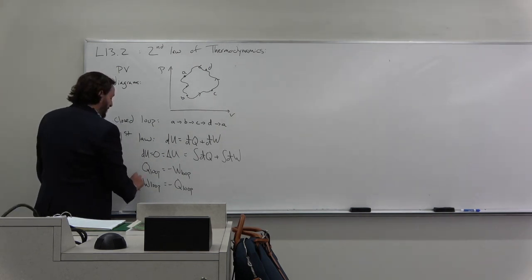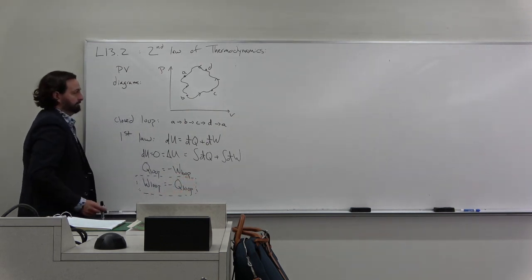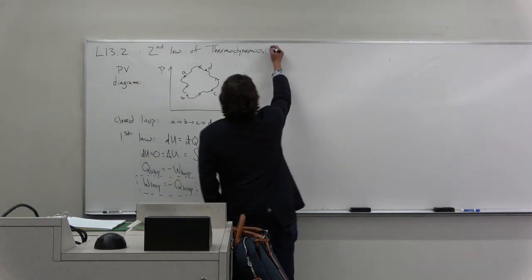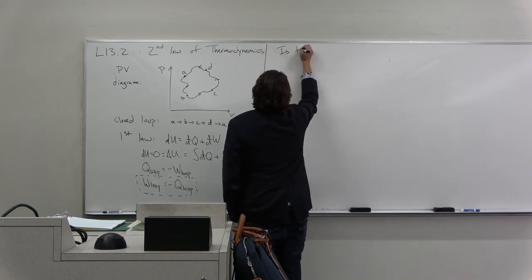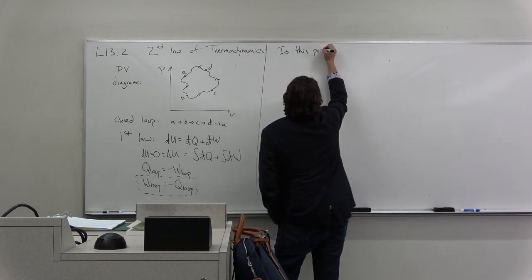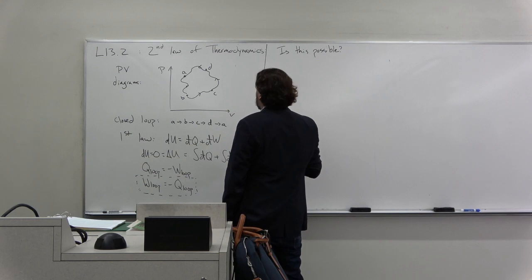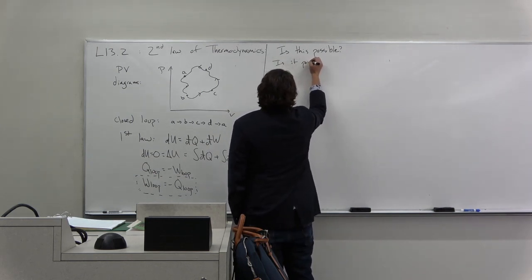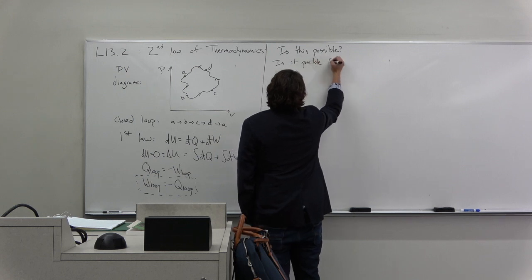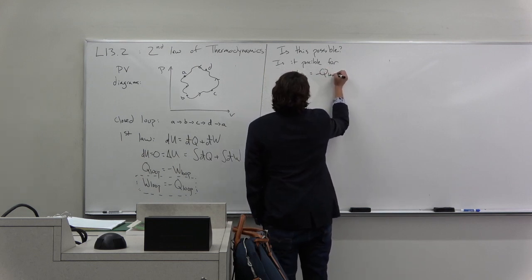And this one in particular, I want to inspect. Is this possible? That is, is it possible for the work in a loop to be minus the Q in the loop?